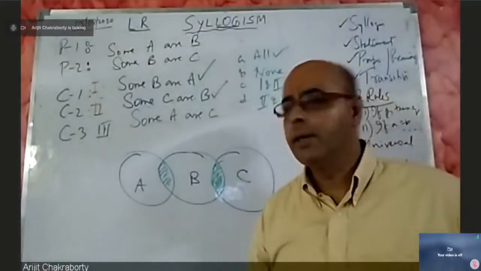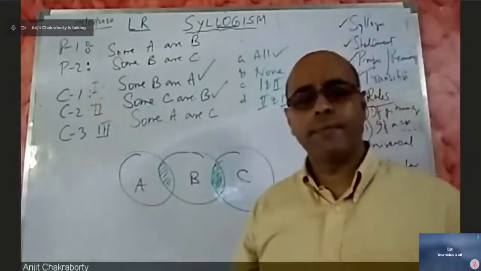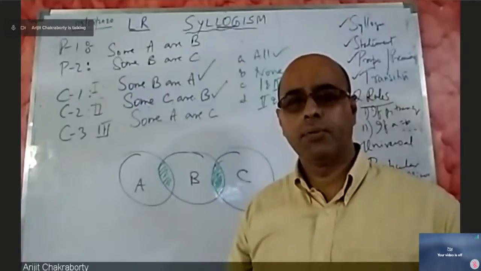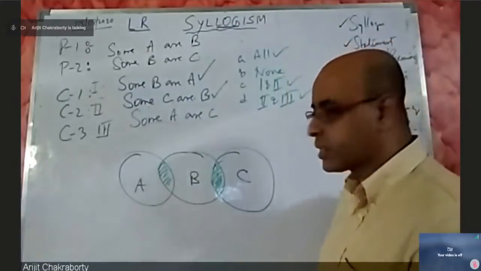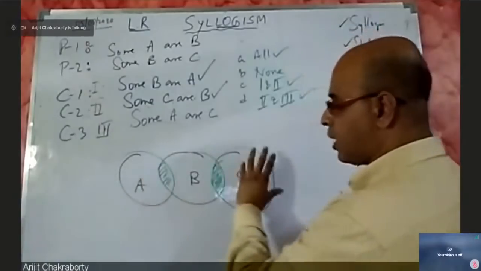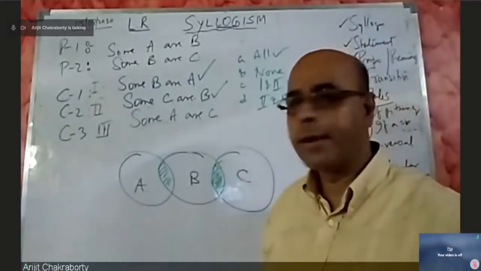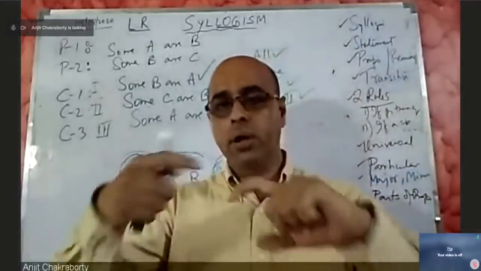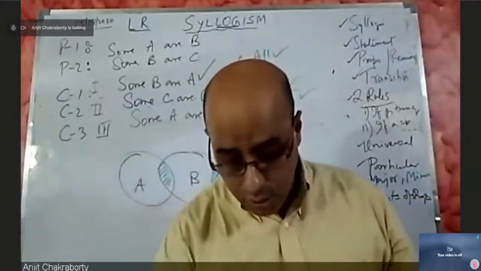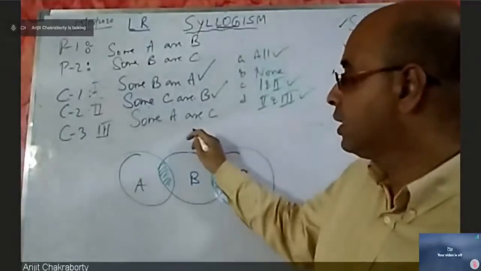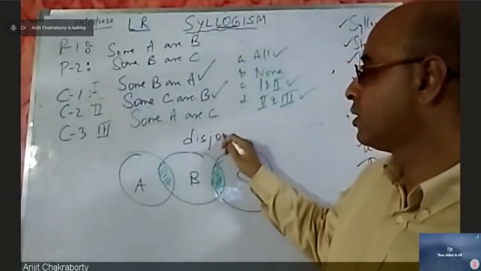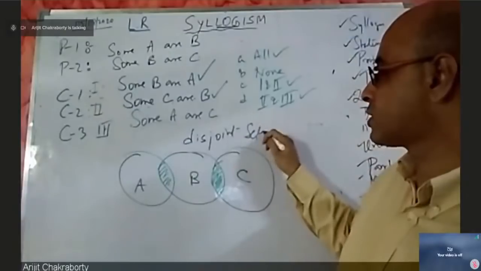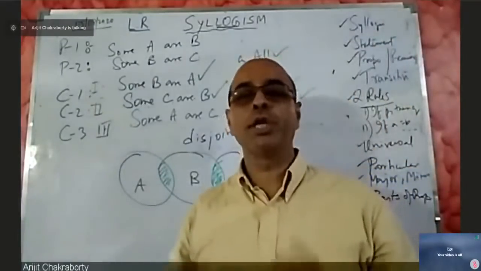Now can I say some A is also C? What do you think? From the Venn diagram, can I say that part of A is also part of C? No, I cannot say that. A and C are not connected. They are known as disjoint sets. So they have no portion in common.